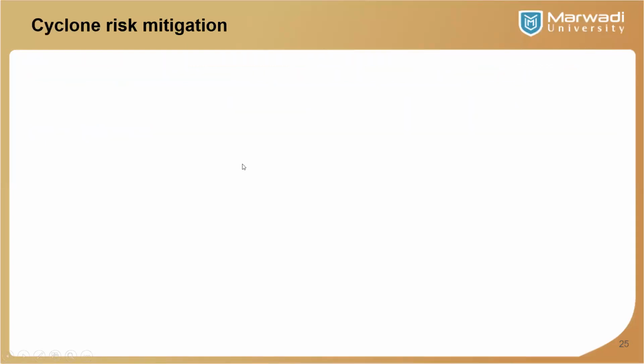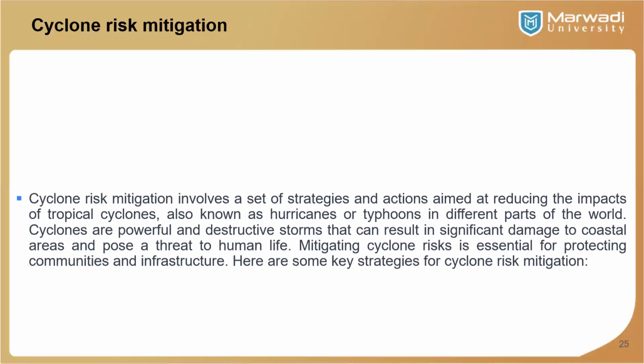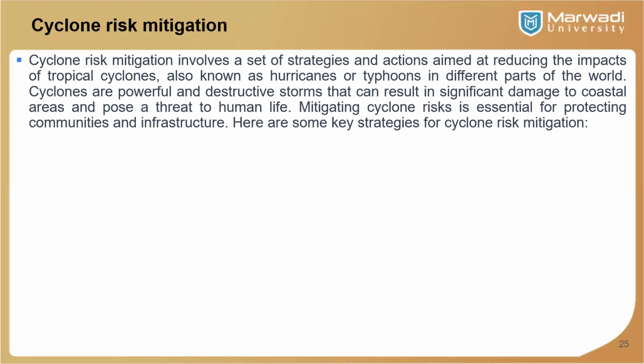The next kind of disaster that we discussed in our first module on types of disaster is cyclone risk, or cyclone risk mitigation. Cyclone risk mitigation involves a set of strategies and actions aimed at reducing the impacts of tropical cyclones, also known as hurricanes or typhoons, in different parts of the world.